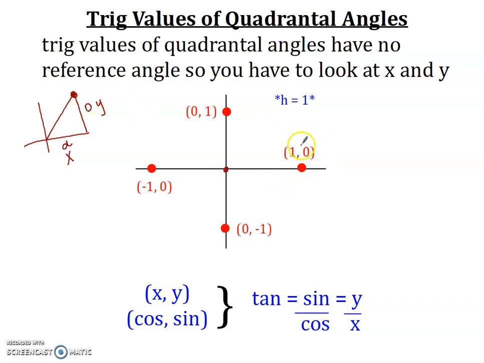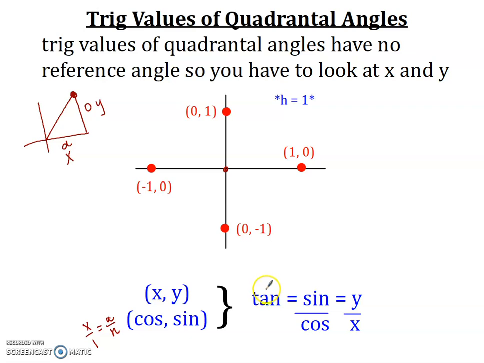So when you're looking at a point, cosine is adjacent over hypotenuse. Adjacent we know is x, and since we're using these 1, 0 points, our hypotenuse will always be 1. So the x-coordinate is always the cosine value, the y-coordinate is always the sine value.